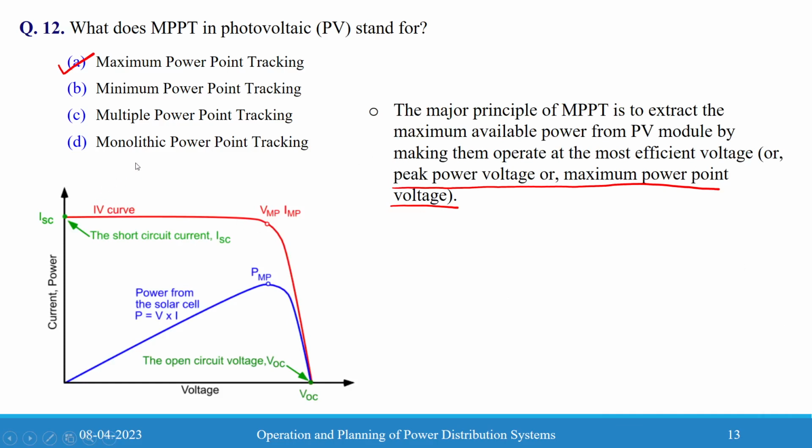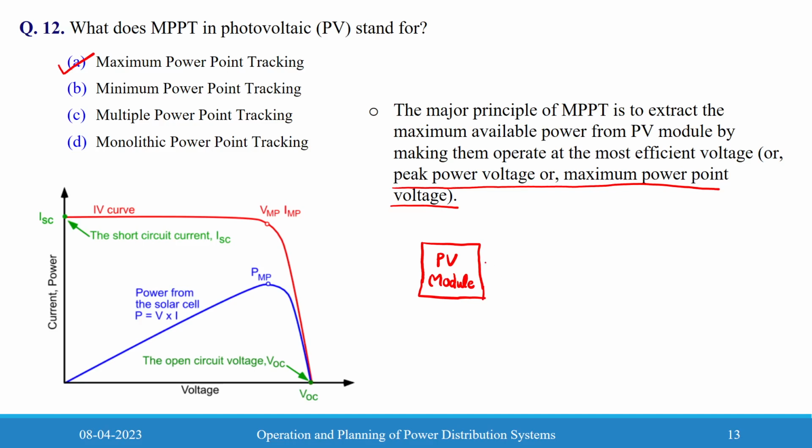I want to tell a little bit about this MPPT. This is the IV curve, the red one, and the blue one is the PV curve. We need to operate whatever controller or converter we have based on this. Suppose we have this solar panel, this PV module.